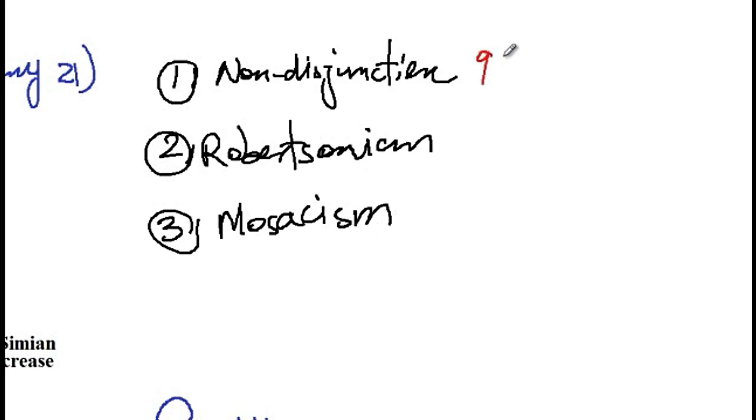Non-disjunction accounts for 95% of the cases of Down syndrome. Robertsonian translocation accounts for 4% of the cases, and mosaicism accounts for 1% of the cases of Down syndrome. Now I would like to go over the mechanisms and discuss these with you.